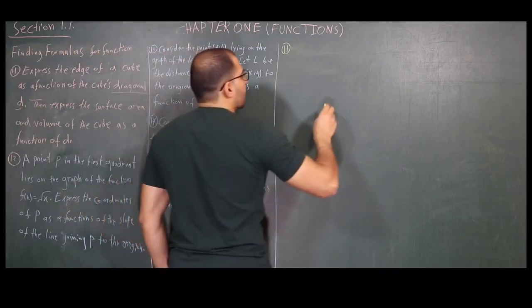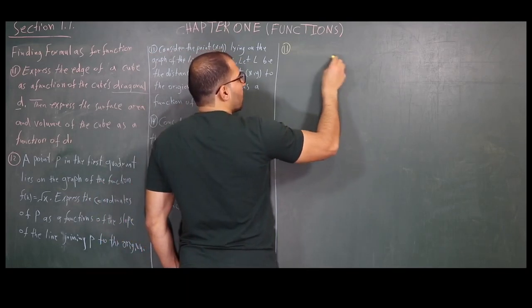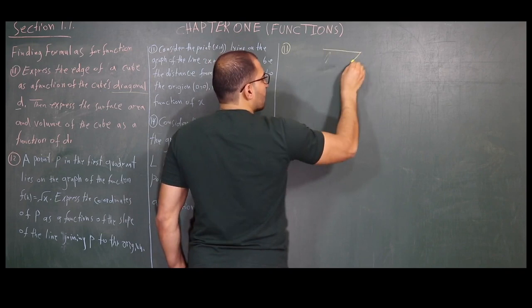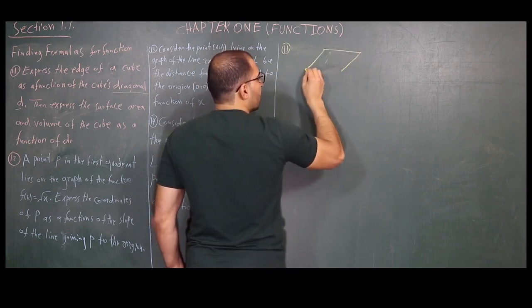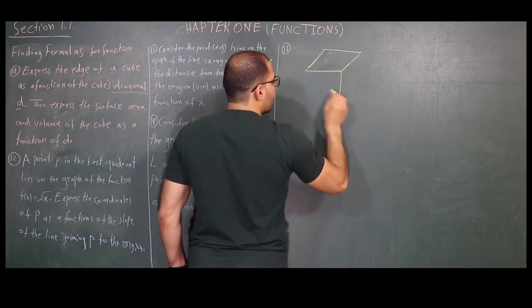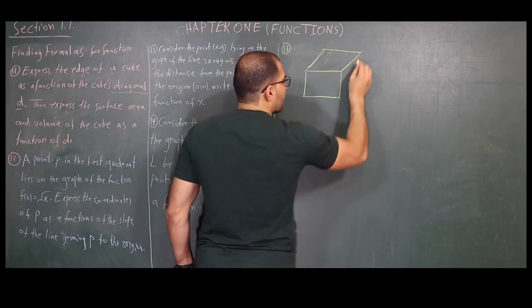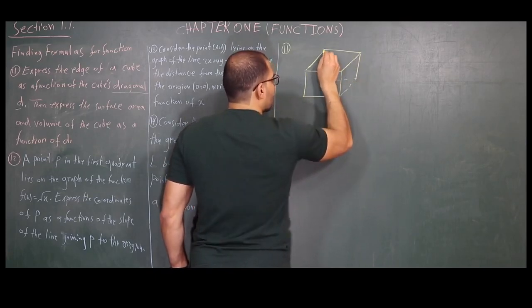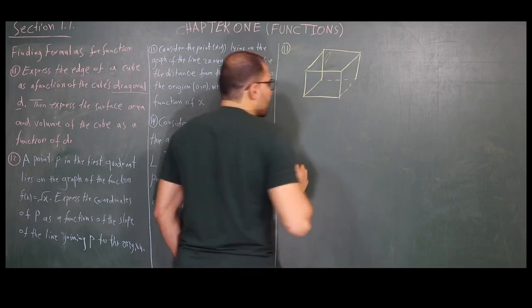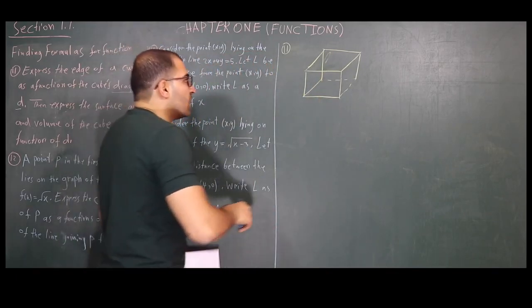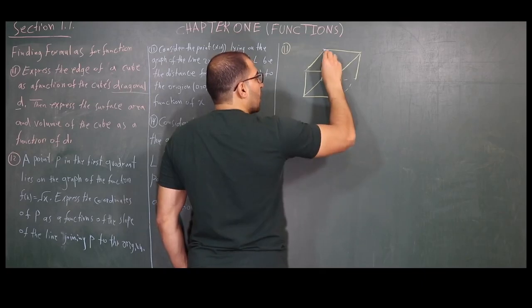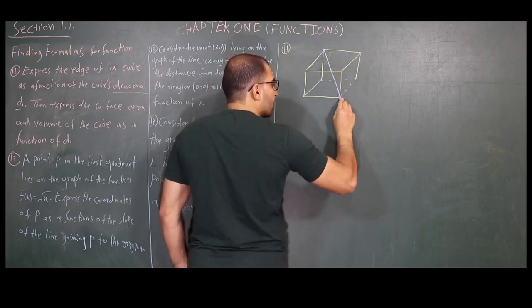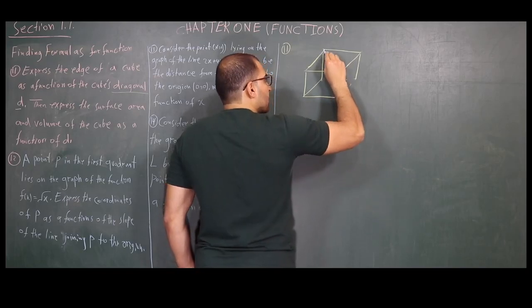Exercise number 11 here, we're going to plot a cube first, because we want to understand what we mean by this. This is a cube, and the diagonal of the cube is a line that reaches from this point to this point.